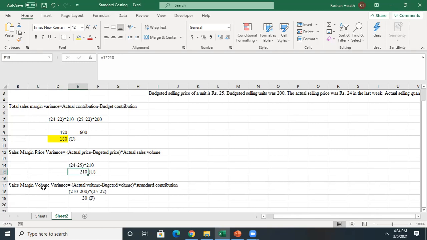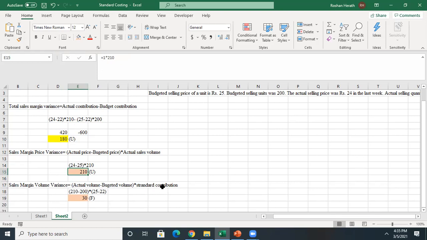And when it comes to margin, you can see that it's 30. As a result of these favorable and unfavorable movements, the total sales margin variance is 180 unfavorable. So it's actual contribution minus budgeted contribution.